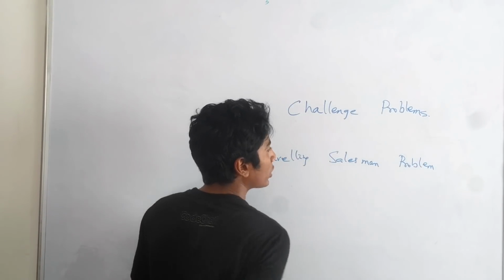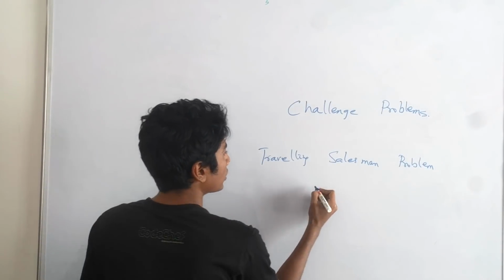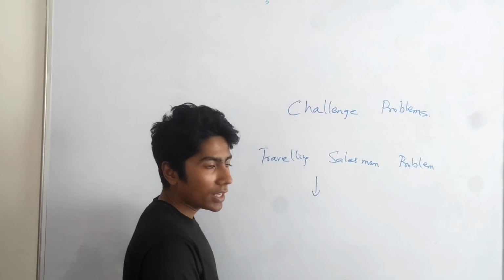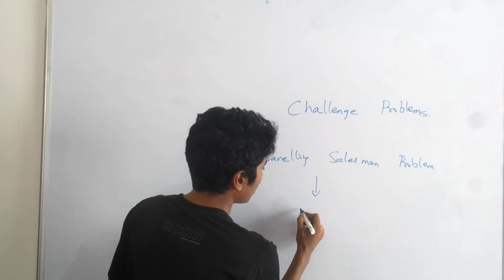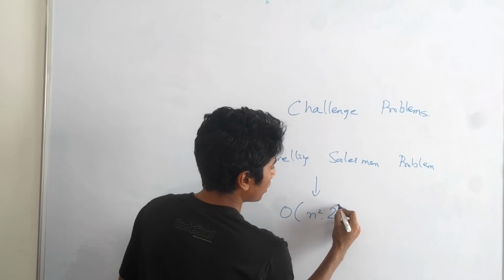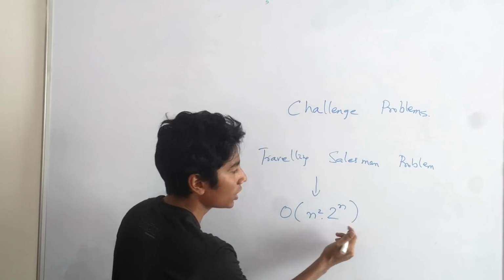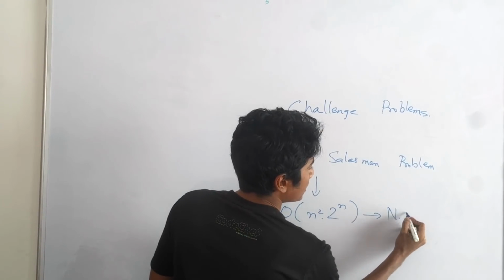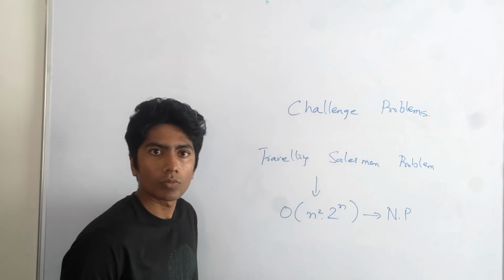To get the optimal solution to this, it's known that the problem is NP, non-polynomial. The optimal solution takes around n square into 2 raised to power n time. So this is exponential, and therefore the running time is non-polynomial.